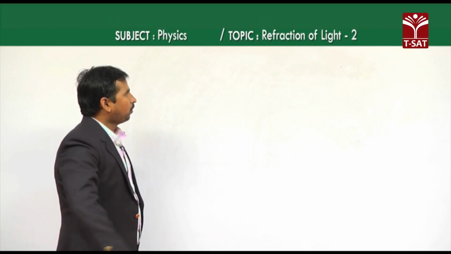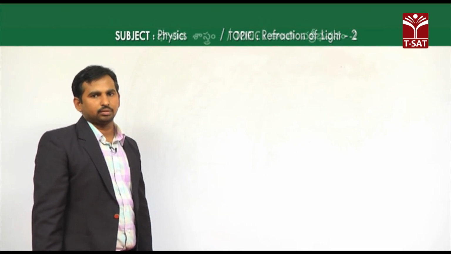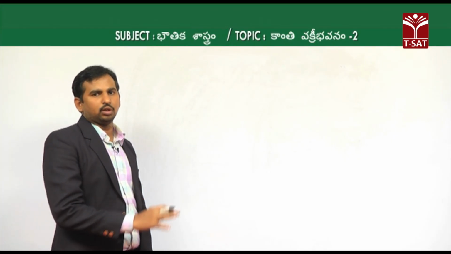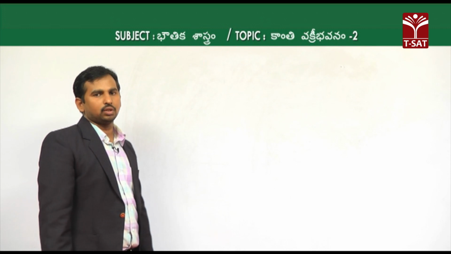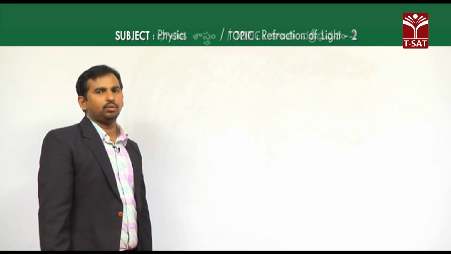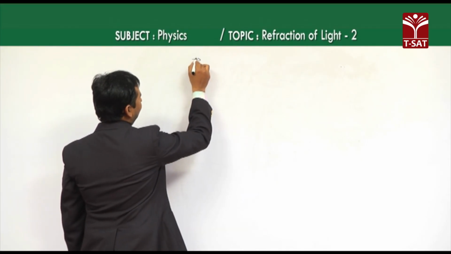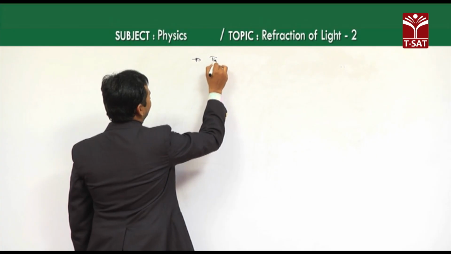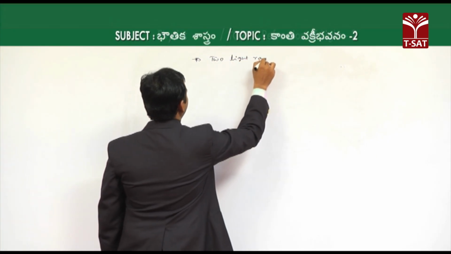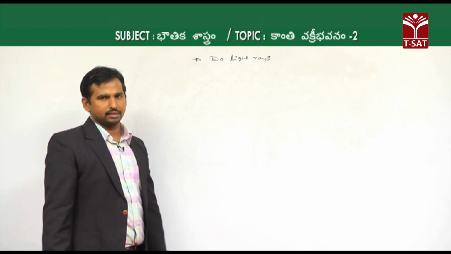Now, following those rules, we are going to draw the ray diagrams. The ray diagram means how the image is formed by a convex lens or a concave lens. If you want to draw the ray diagram, we have to follow certain things. First, minimum 2 light rays we have to take while drawing the ray diagram, which are passing through the lens.